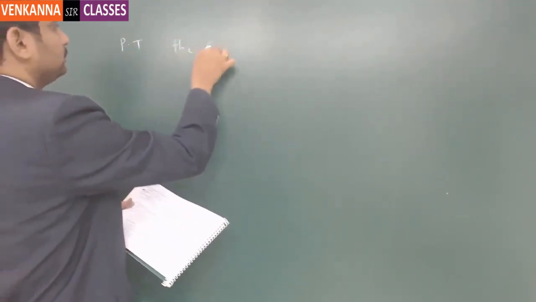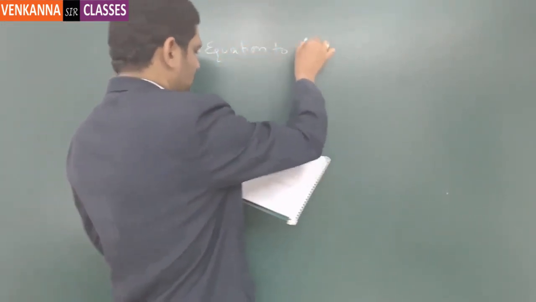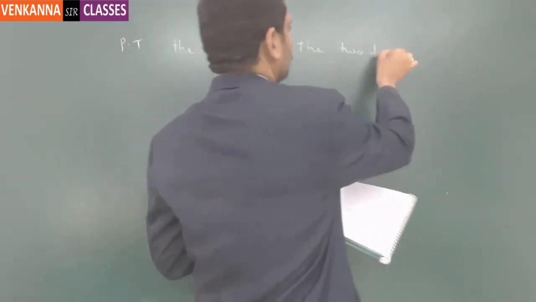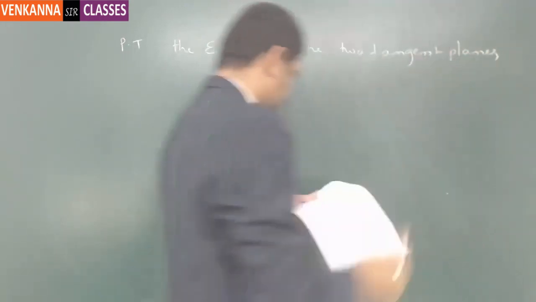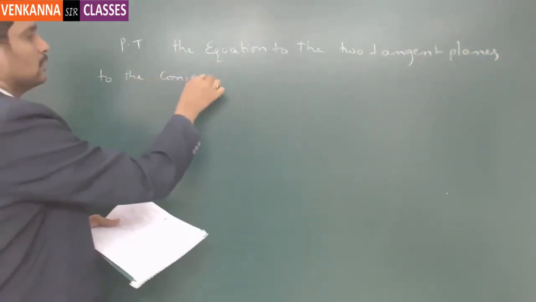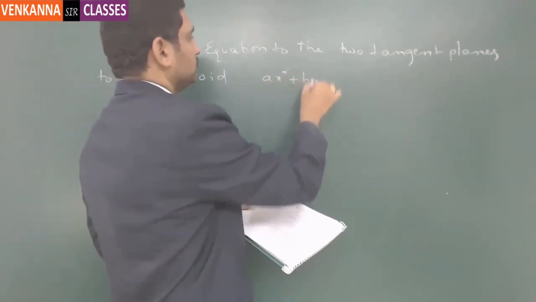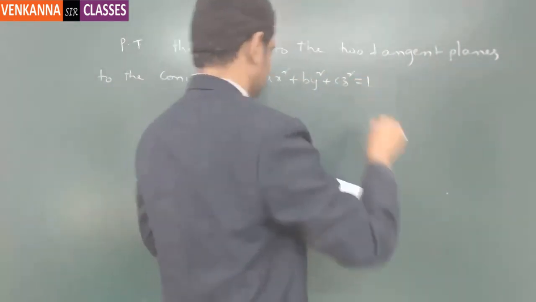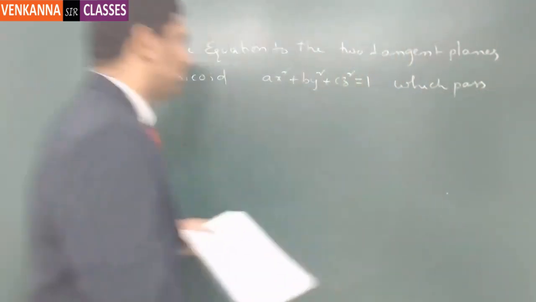The next problem is: prove that the equation to the two tangent planes to the conicoid which pass through the line.